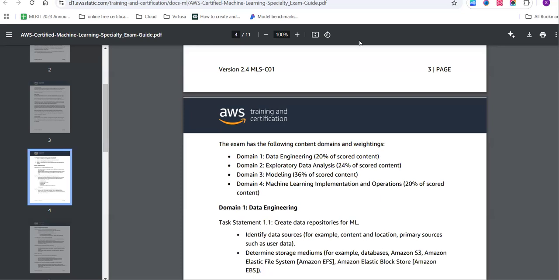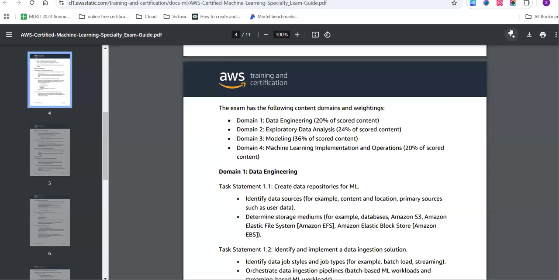And this is domain 3. This contains a huge percentage, that is 36%. In this domain, we will learn about modeling. In order to answer for this domain, we need to have knowledge of a few concepts, like we have some business cases, and for that particular business case, which model exactly is preferred to select.